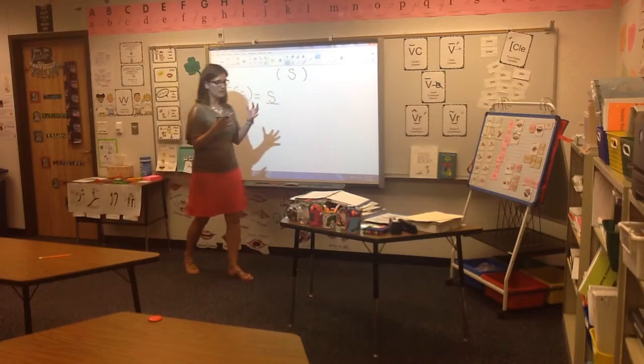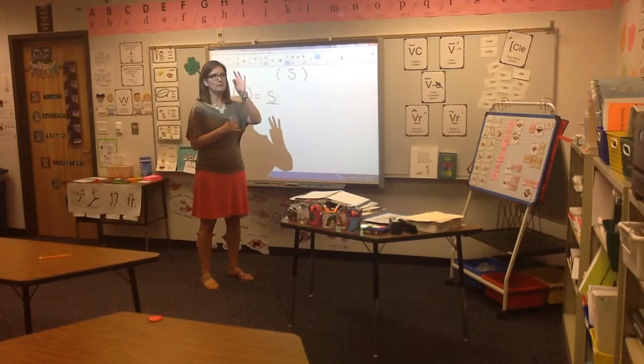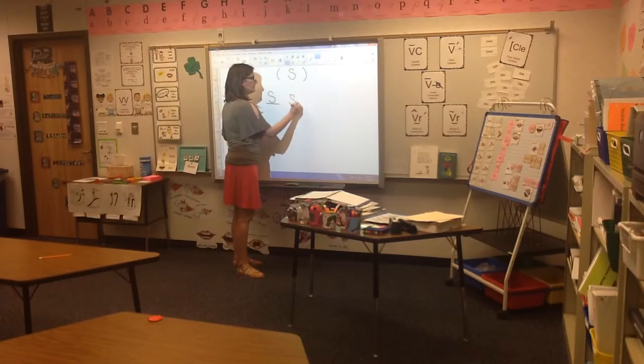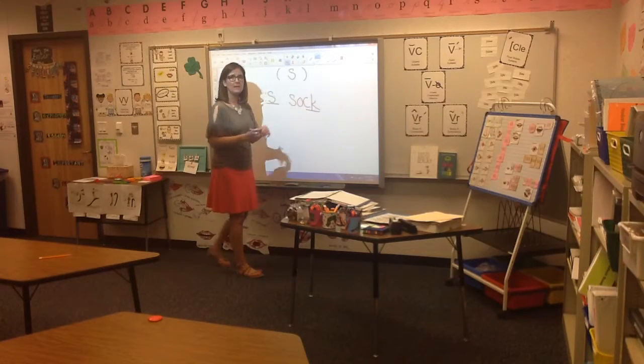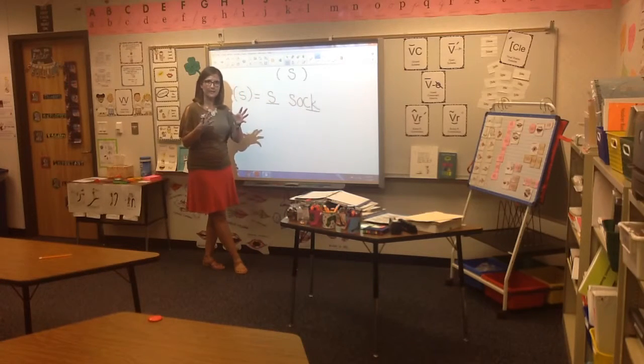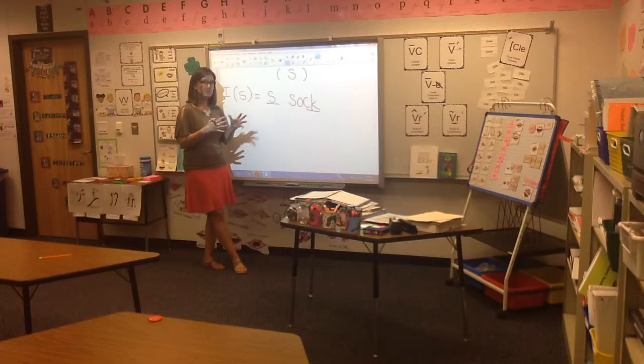So like sock, and then we'll unblend, sock, and we'll spell S-O-C-K. You may need to review CK again. You will have already talked about this on the K page for final position. You may have to talk about that again.